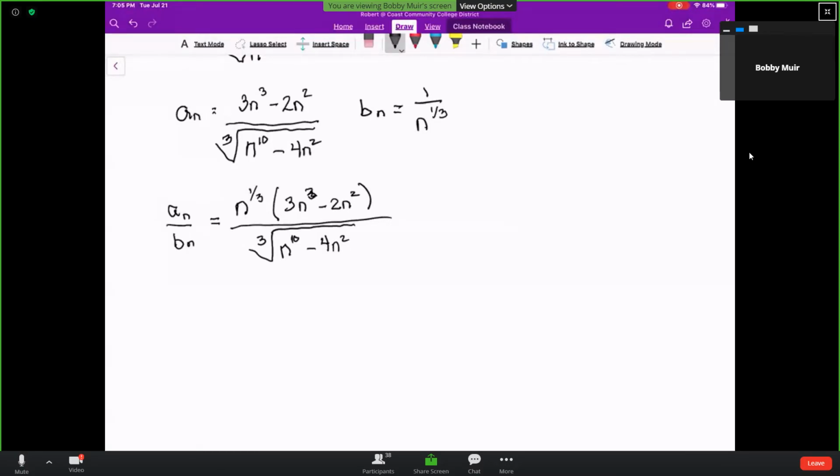If I expand this out, I'm going to have 3n to the 3 plus 1/3, which is n to the 10/3, minus 2n to the 2 plus 1/3, which is 7 over 3, divided by the cube root of n to the 10th minus 4n squared.